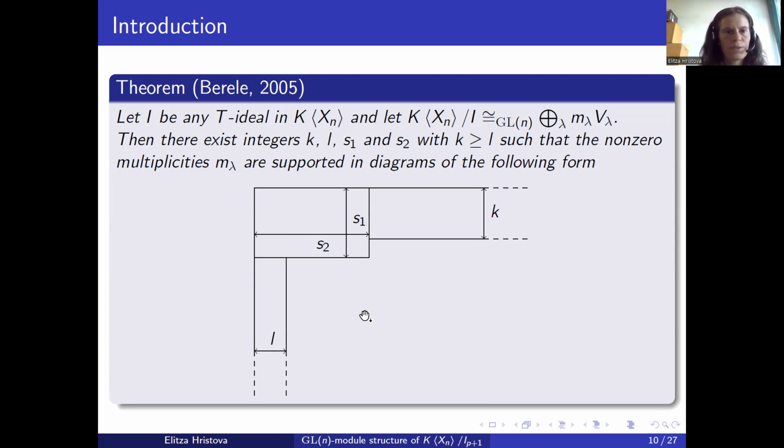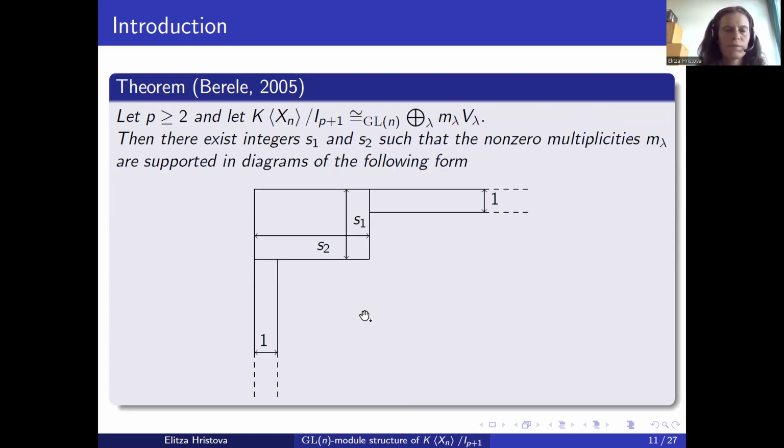And this theorem can also be given a more precise form when we talk only about not arbitrary T-ideals, but T-ideals that are generated by long commutators. So let us see what is known here.